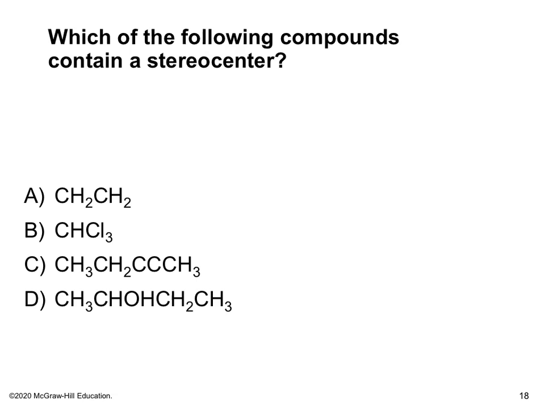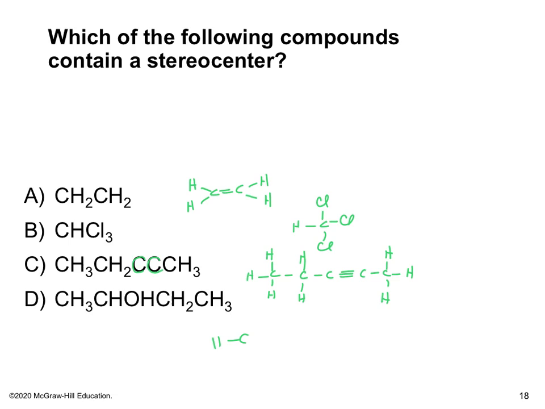Okay, which of the following contain a stereocenter? So in these, you want to go ahead and draw out your structures. Remember I told you that's how you solve every problem. You don't use calculators, but you've got to have Lewis structures. So draw out your Lewis structures: CH3, CH2, C, CH3.